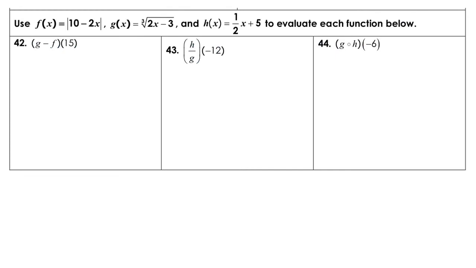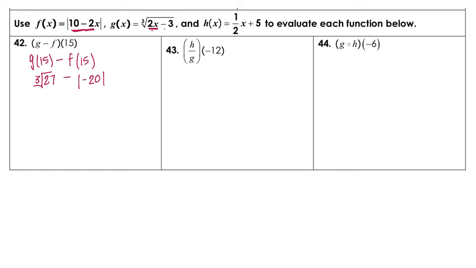All right, so now we're going to be evaluating these composite functions. And so here are just regular functions. We need to find g of 15 minus f of 15. So g of 15, if we sub in a 15 right there, then we're going to get 30 minus 3, so I need the cube root of 27, minus, and if I plug in 15 here, that's going to be the absolute value of 10 minus 30, so negative 20.